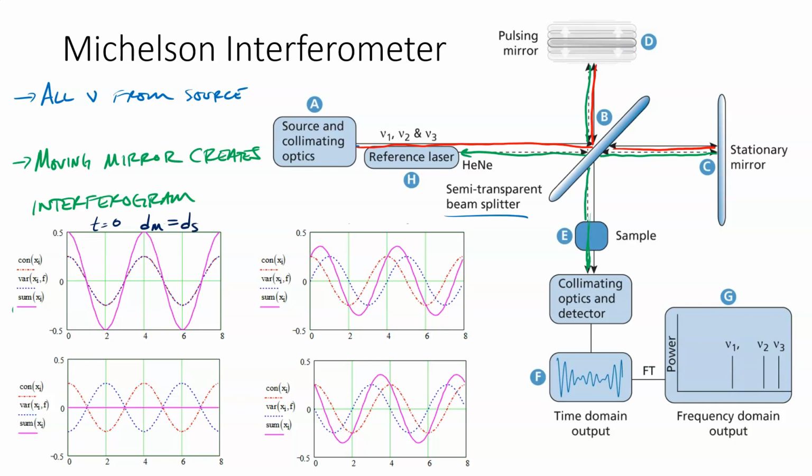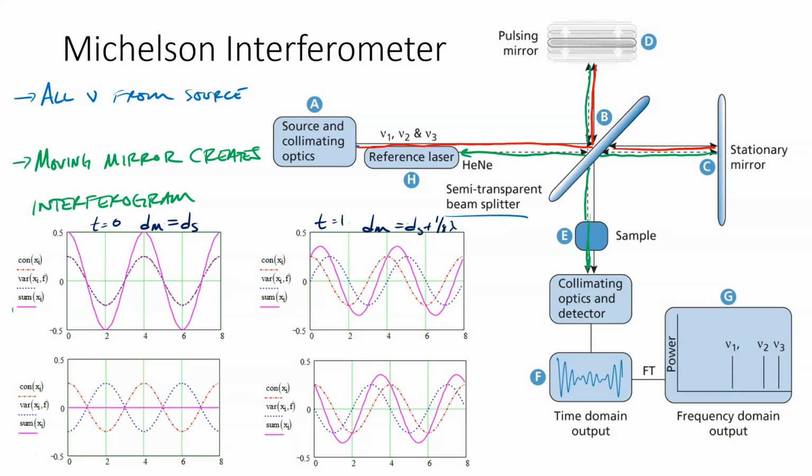Okay. So when we're here at t equals 1, our moving mirror has not moved very much. The distance of the moving mirror from the beam splitter is equal to the distance from the stationary mirror plus just 1/8 of a wavelength, right? A tiny bit.